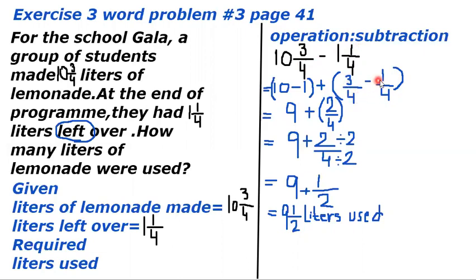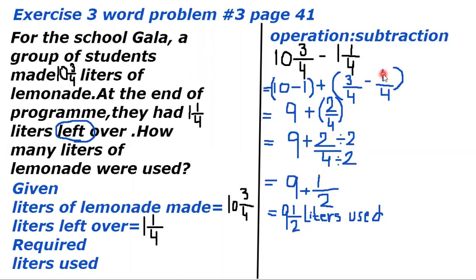Okay, first, before subtraction of any fraction, we have to ask some questions of ourselves. One of those questions is, are these like fractions? Yes, these are like fractions because their denominators are same. Then we can easily subtract the numerators, because when the denominators are same, we can subtract the numerators.